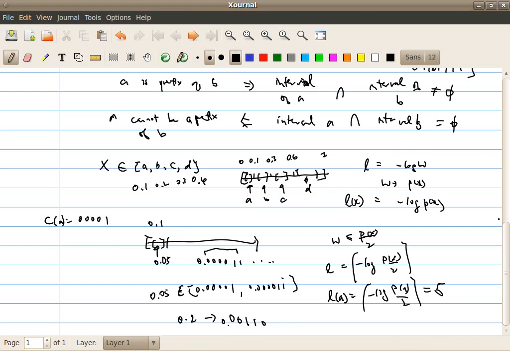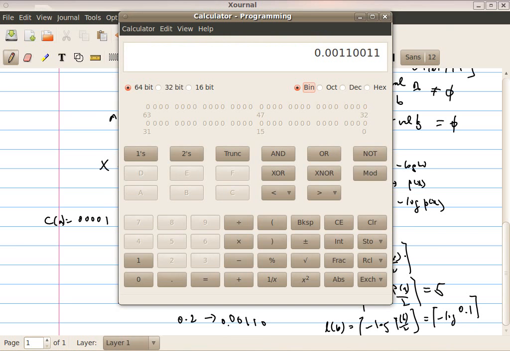And if we compute LB, that's equal to minus log PB over 2, which is minus log 0.1.